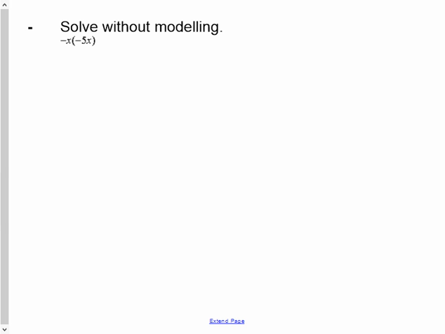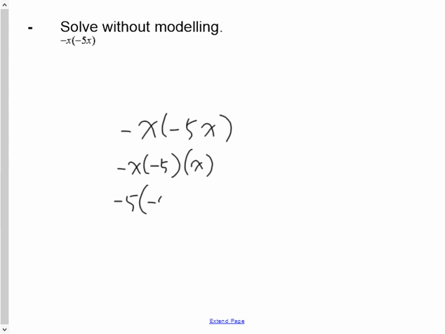Your next question, so negative x multiplied by negative 5x. Again, if I rearrange them, or if I didn't rearrange them, it's negative x times negative 5 times x, or negative 5 times, oh, actually, hold on. This negative x, my apologies, is actually, as Sierra will tell you, a negative 1 coefficient. So negative x is really a negative 1x.